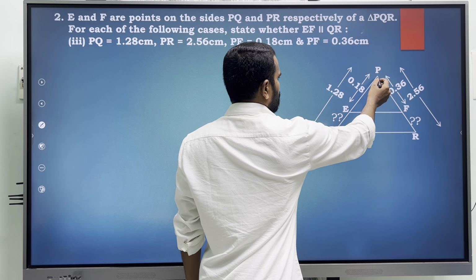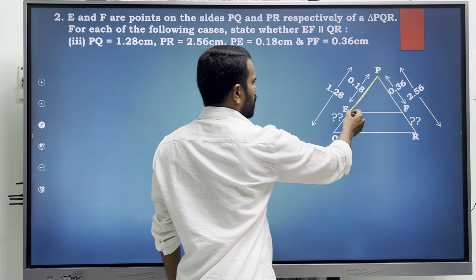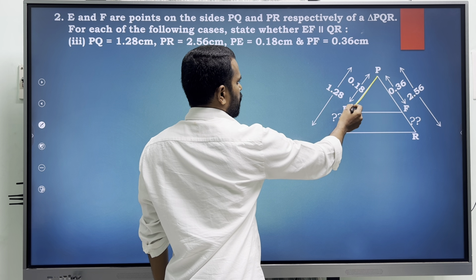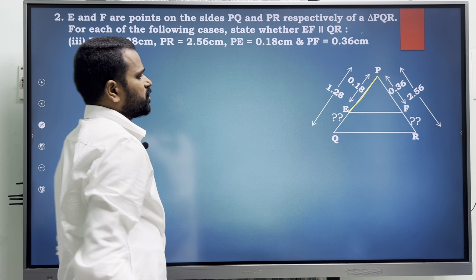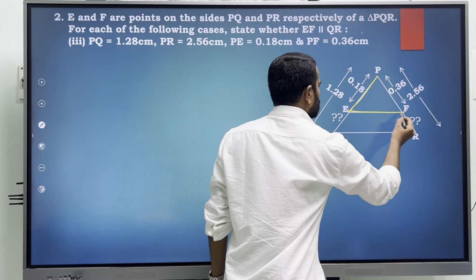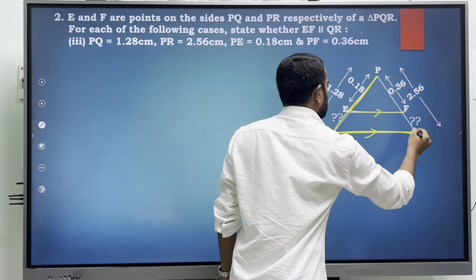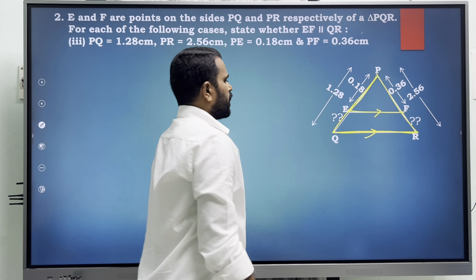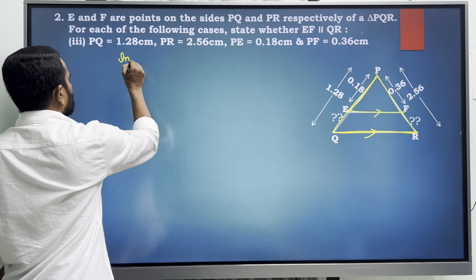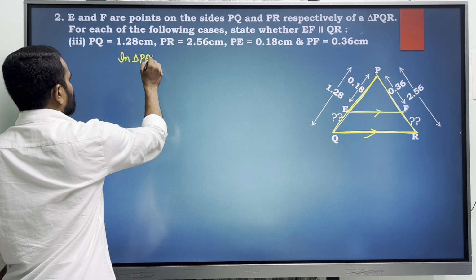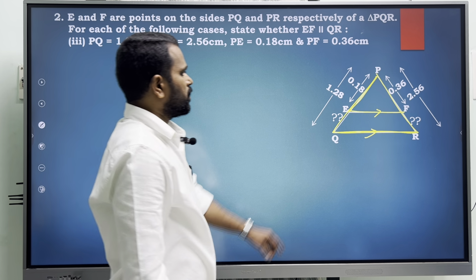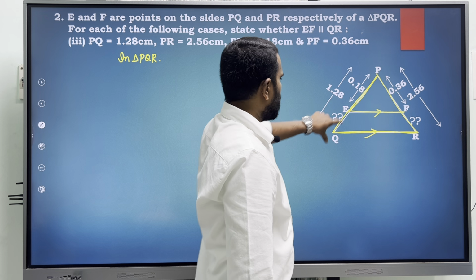See here, PE, same. We have to check whether EF is parallel to QR, right? Here also, in triangle PQR, we will see PE by EQ.